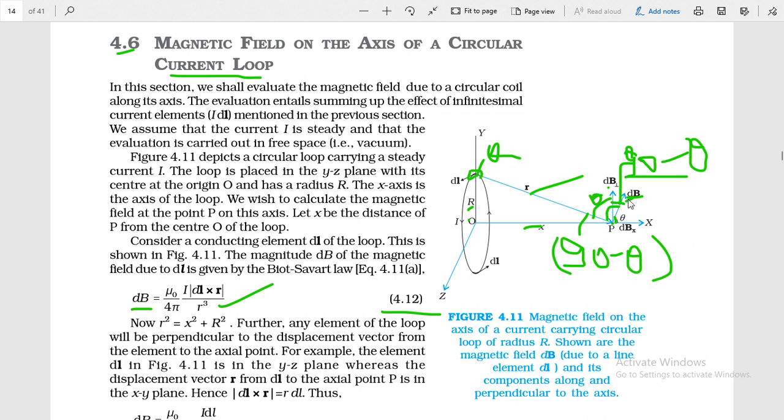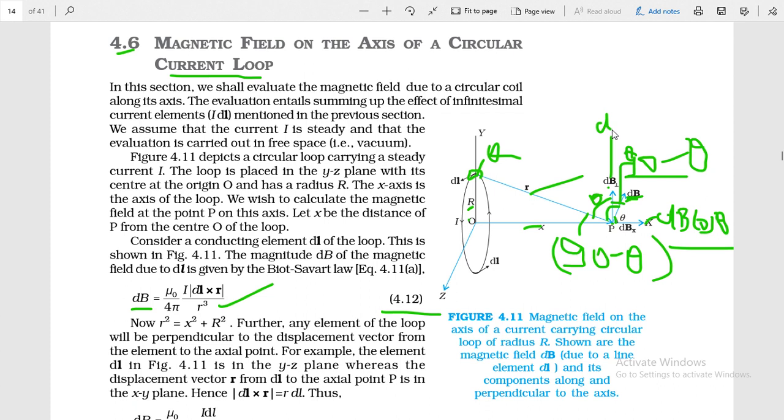Now the component of this dB along the x-axis is dB cos theta. So along this direction, this one is dB cos theta. And the perpendicular magnetic field is dB sin theta.